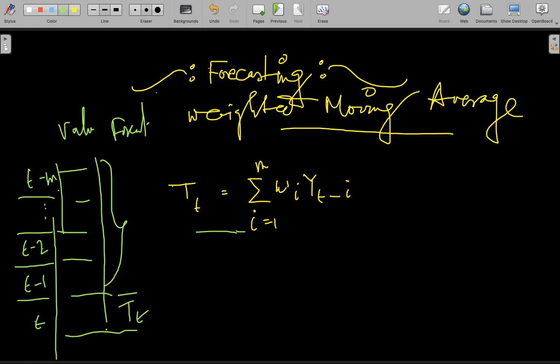So that's how we do it, and it's basically simple. It's the same as what we do for simple moving average. The only thing is we're adding a weight here, and these weights are going to be different for different observations. There is no hard and fast rule as to what weight you should assign. It's completely up to you, the person who is building the model.